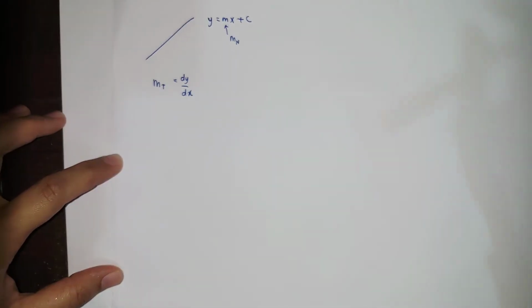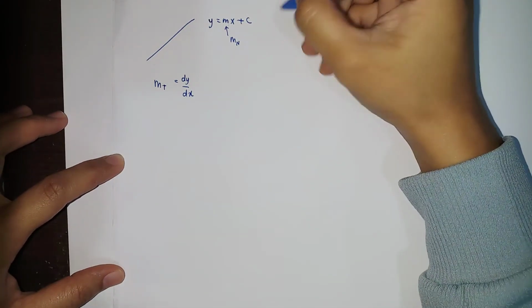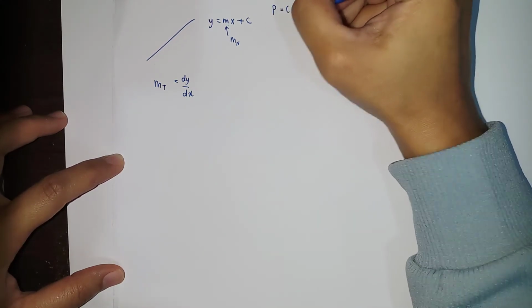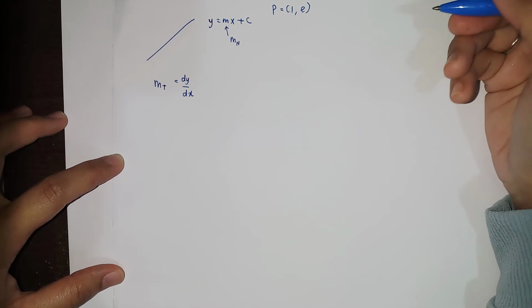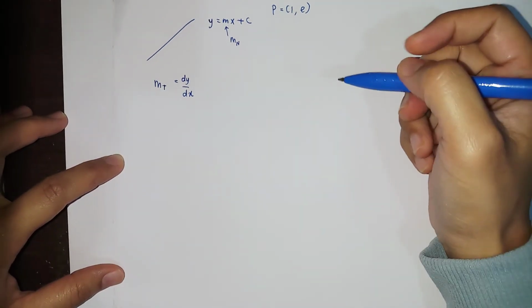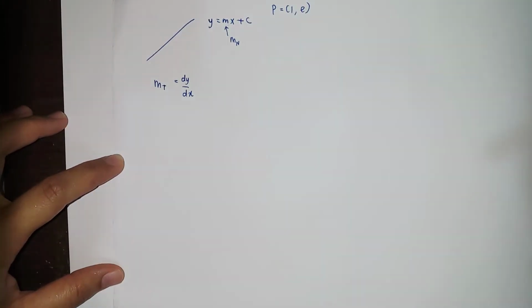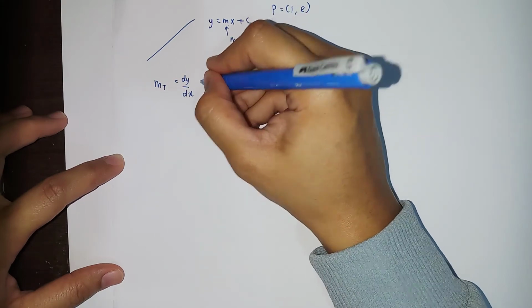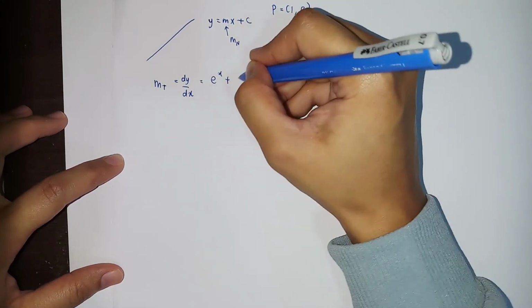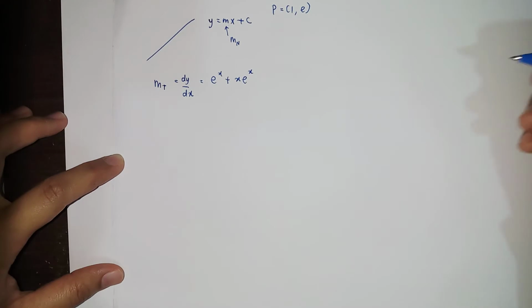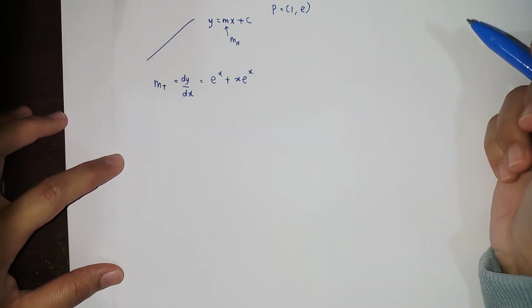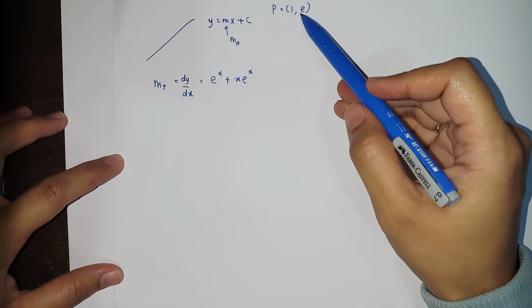We want to calculate at point P, which is given in the question as (1, e). So dy/dx we have calculated previously, so you refer to the previous calculation. dy/dx is equal to e^x plus x e^x, from the calculation in part A. We substitute the value of x, which is 1, into the equation.